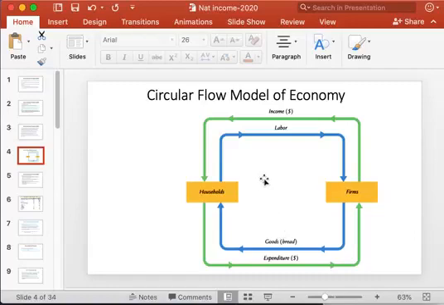So from this circular flow model of economy, you can see that GDP is either income or expenditure, not both, not income plus expenditure, because whatever income the households are earning is becoming an expenditure here.